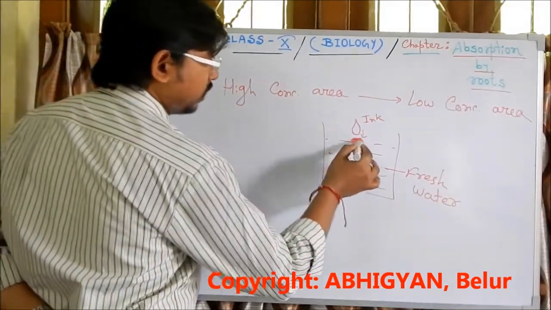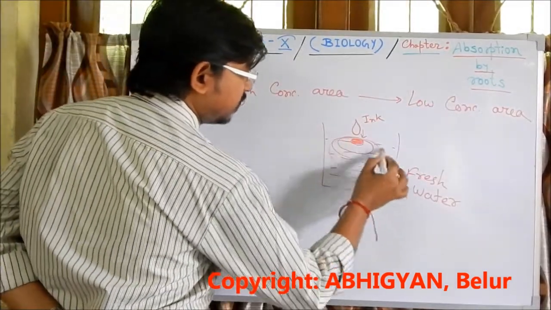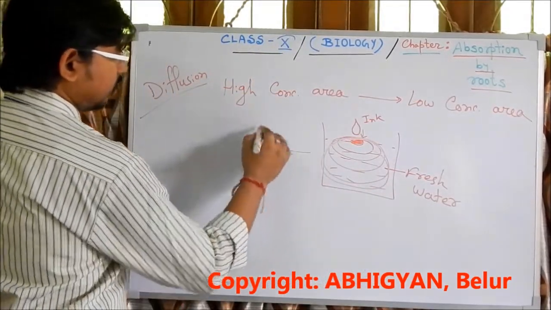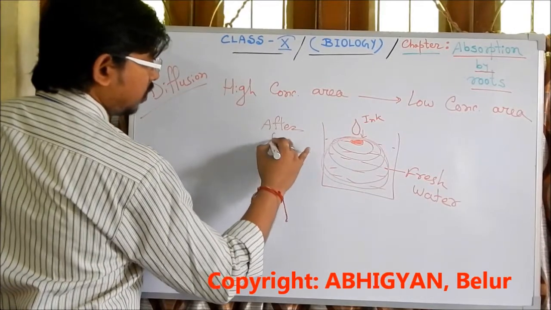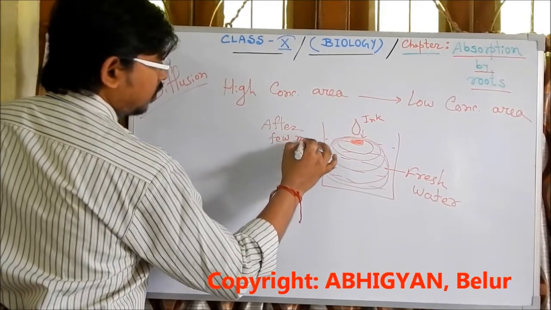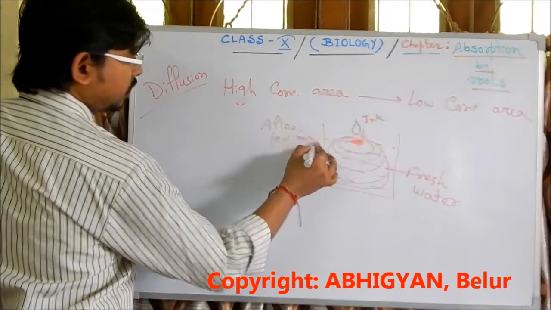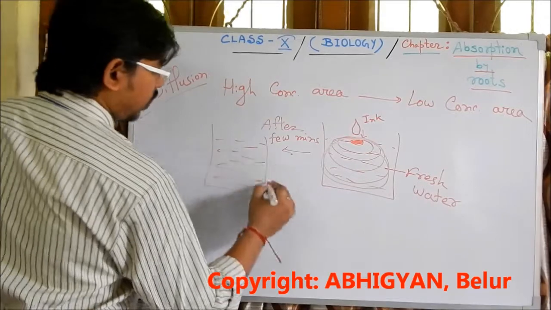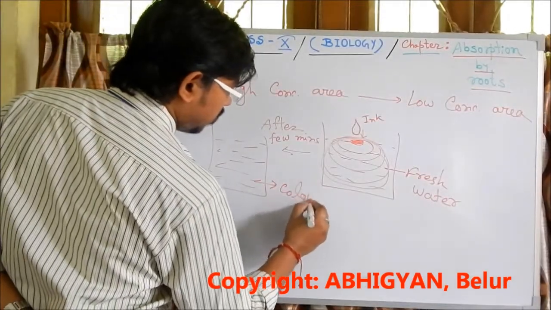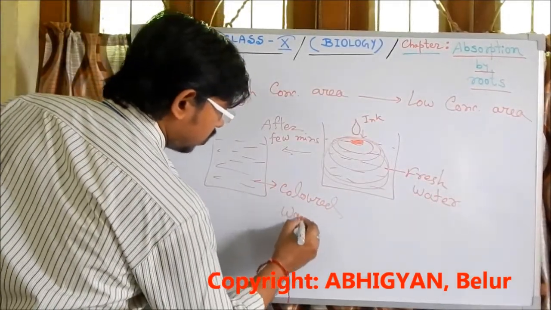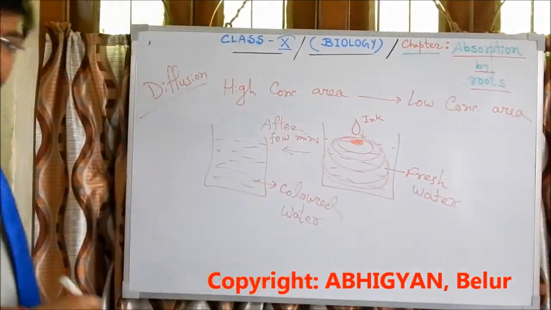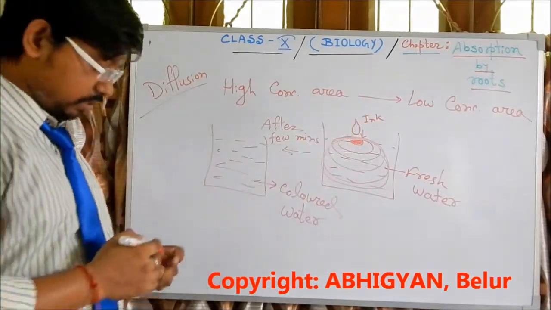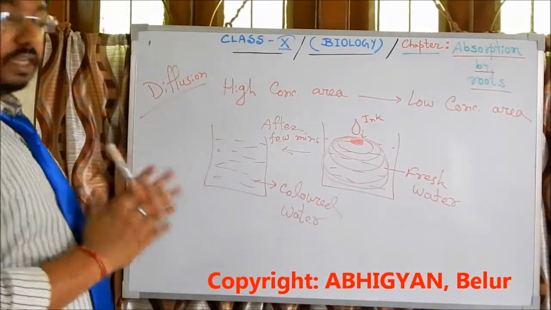Then slowly the color is spreading, and after a few minutes we can see that the full beaker, all the water, becomes colored water. It is not fresh water anymore, it has become colored water. Color of the ink is present over there. It is called diffusion.